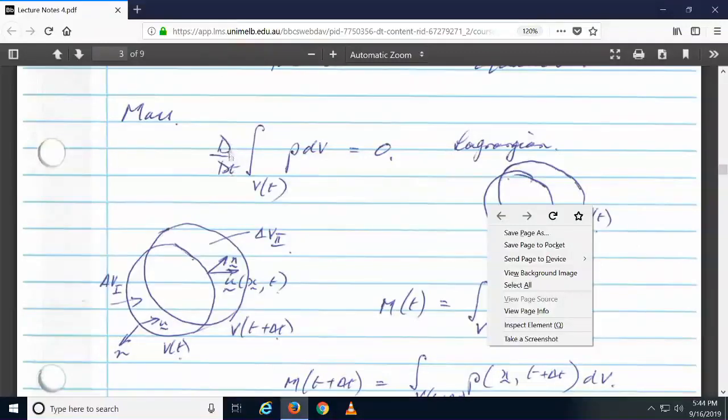Now the volume could change with time, and I'd have to integrate over that volume, rho dV, and I'd get the total mass in the volume, but I'm not changing any particles in the volume. So it says that following that set of particles, the total derivative with respect to time would have to be 0. Is that clear to everybody?